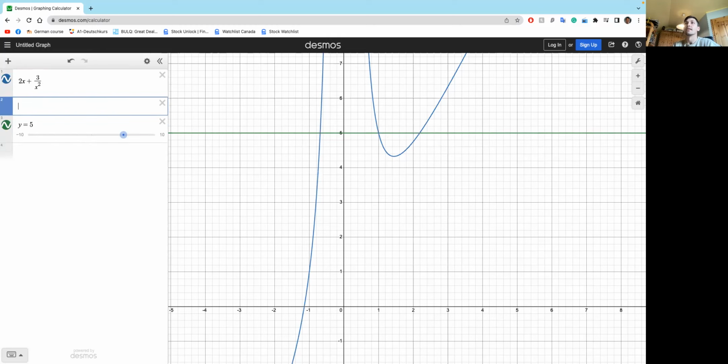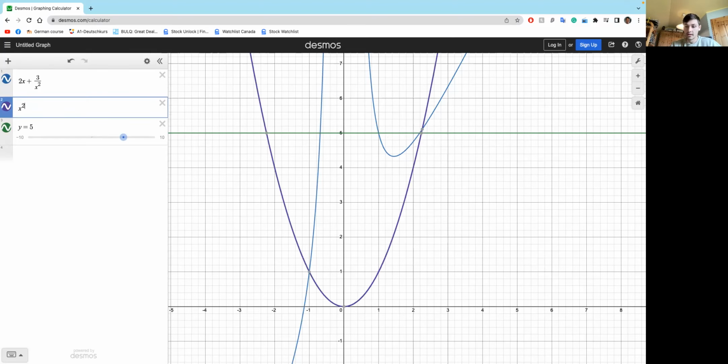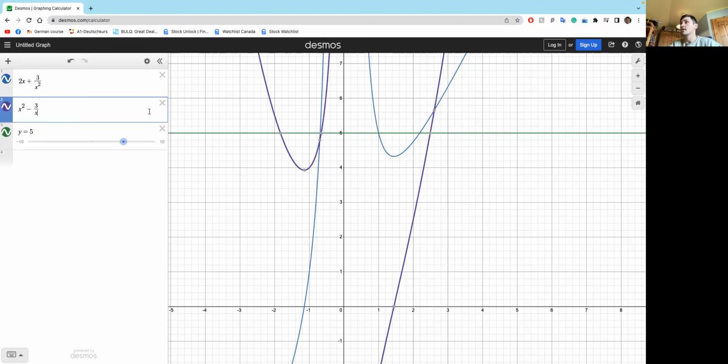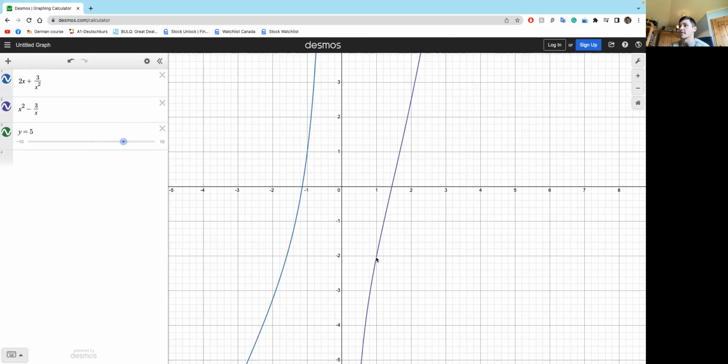Let's bring back in our original one as well. And so you can see that. Okay, so here you can see this is 1, 5. And then if we look at the purple line, at 1, -2, sorry, so that's that point there.